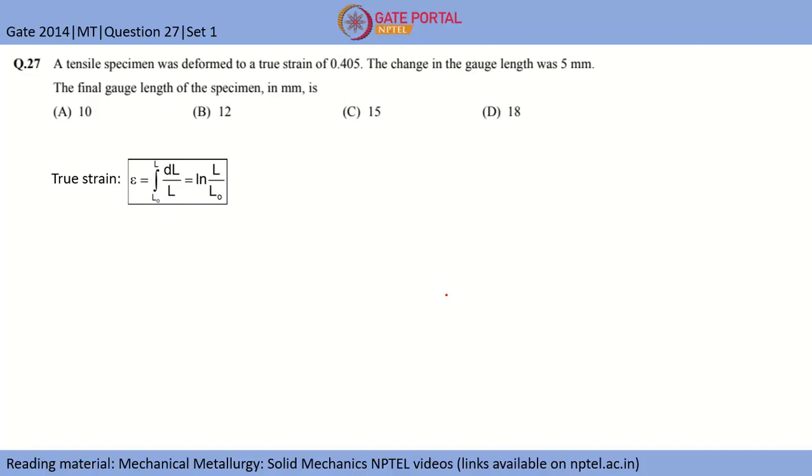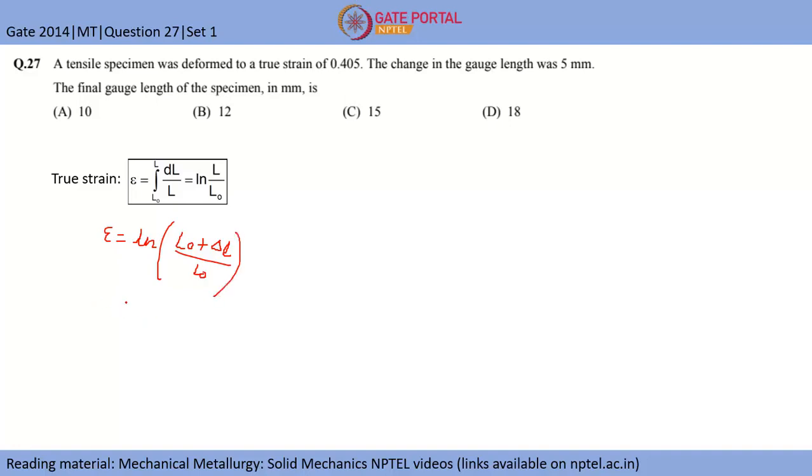So firstly, true strain is given by this formula where epsilon represents the true strain, which is given by ln of final length by initial length. Now we will try to solve it. So this epsilon we can write as ln of L naught plus delta L, divided by L naught.